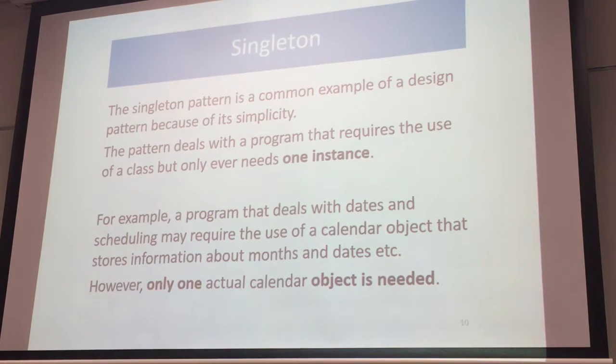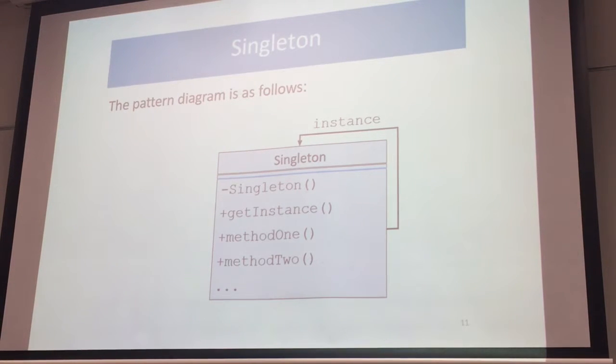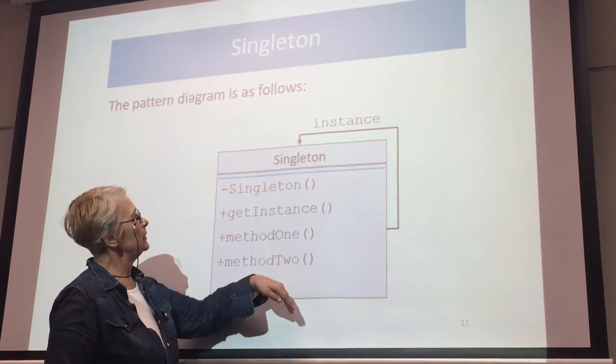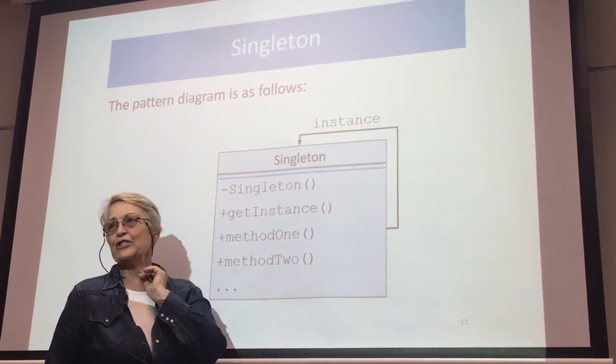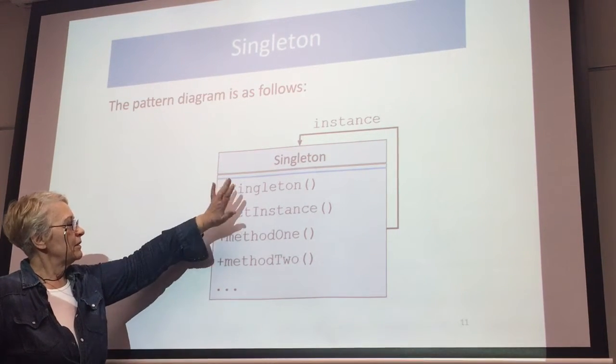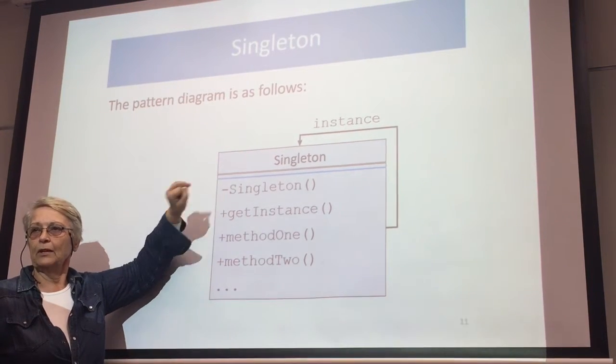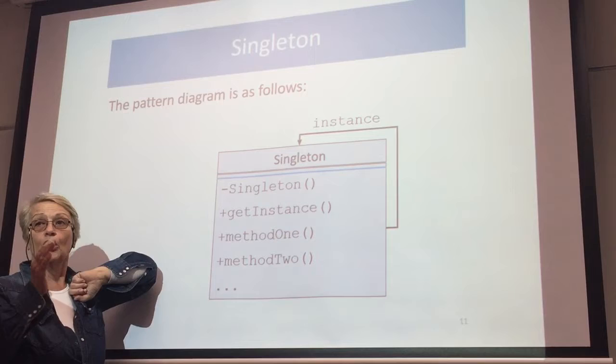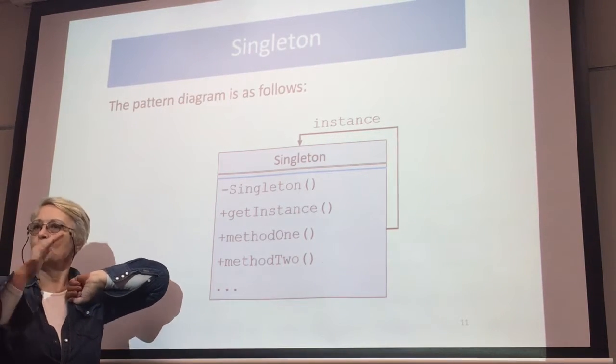Another example is a password, where you want a single password object to be used when you log into, I don't know, your LinkedIn or Facebook. So this is the representation of what would be required as a minimum for a singleton. The constructor is made private to disallow construction of many objects at the same time.